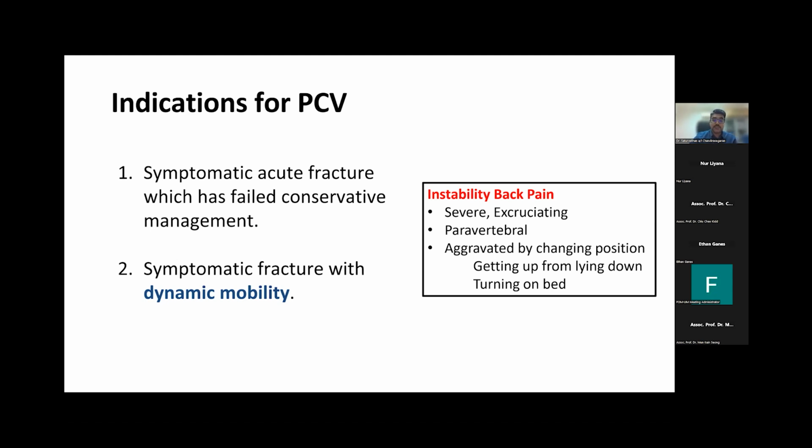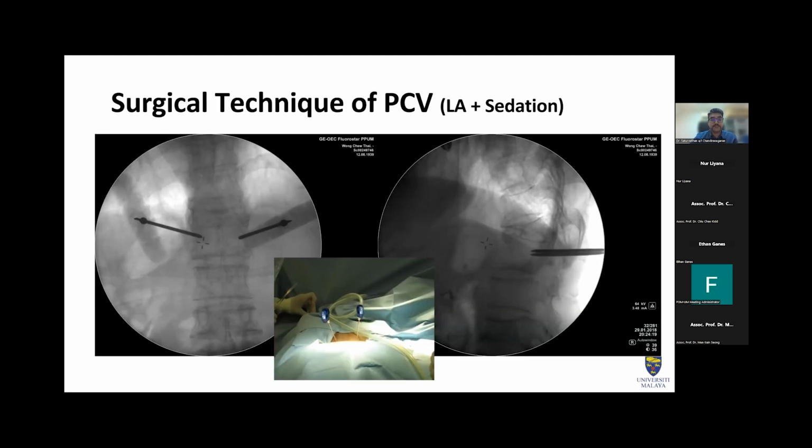Symptomatic means patients present with instability back pain, severe excruciating pain, especially over the paravertebral region, aggravated by changing position, getting up from lying down, and turning on the bed.